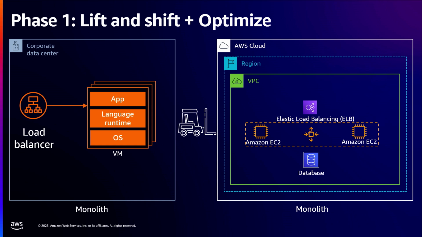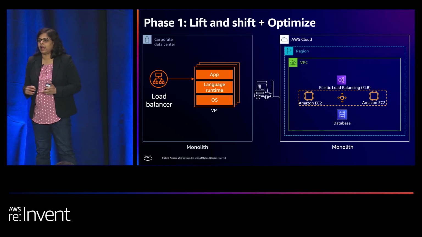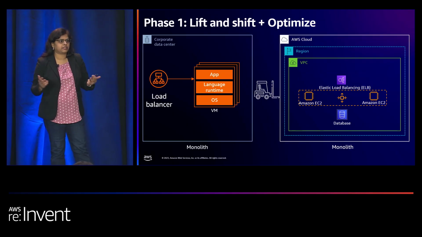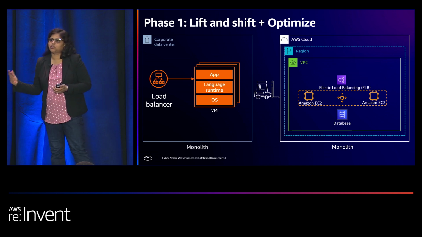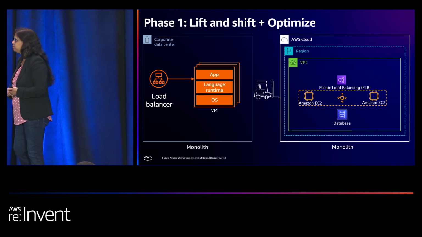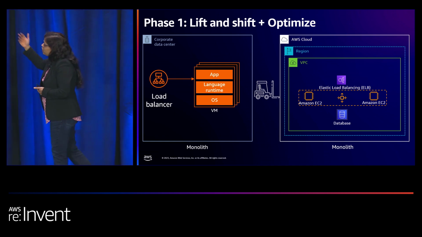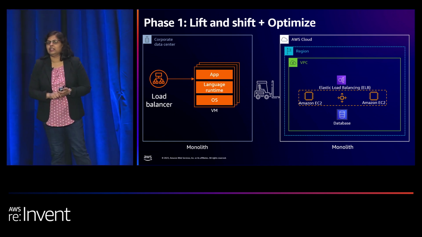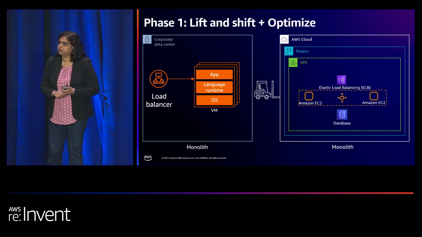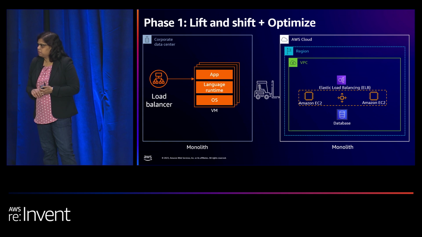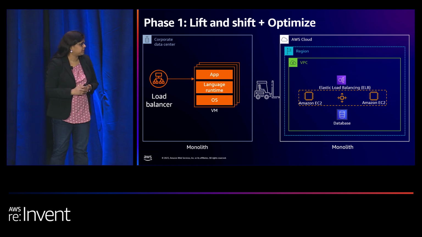One other thing that we also advise here is to look at our managed services, like our managed database service, Amazon RDS, and this is going to reduce your operational overhead. Typically, when you are deploying an application in the cloud, we recommend that you deploy it across multiple availability zones. By doing so, you are improving the high availability and resilience of your applications.